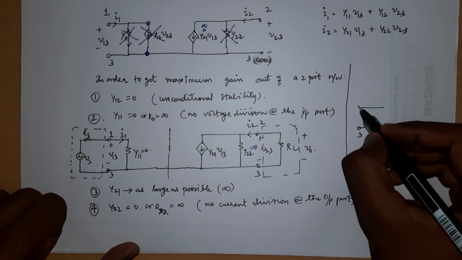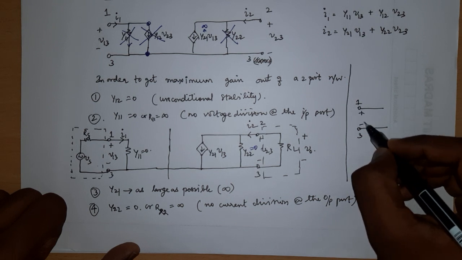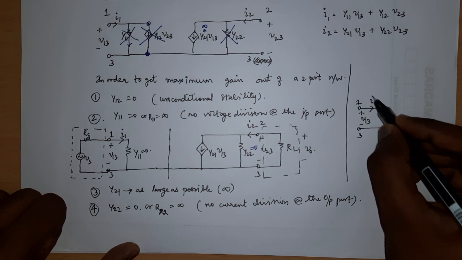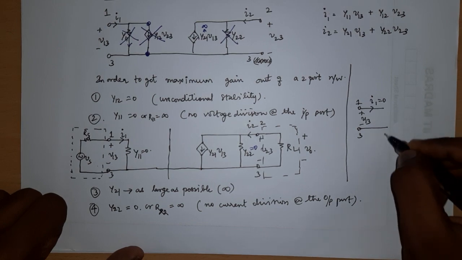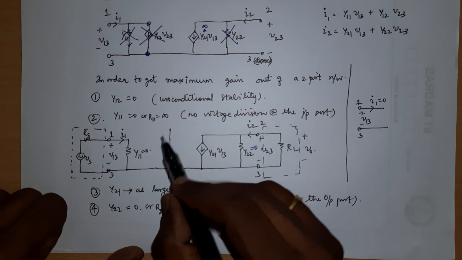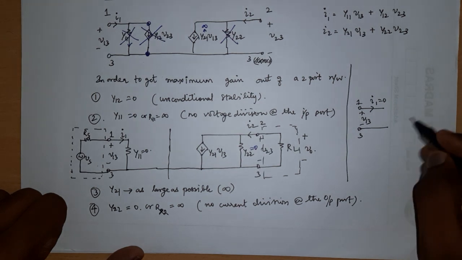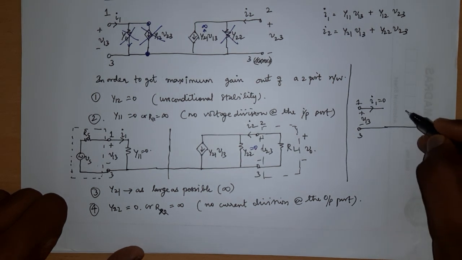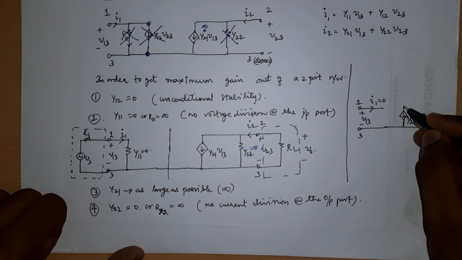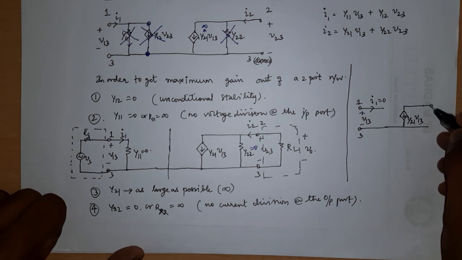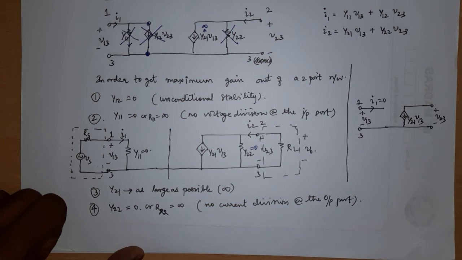This is 3, this is 1, and this is V13, and I1 is equal to 0, right? Because no current will flow through, because you said Y11 also 0, Y12 also 0, so nothing will be there on the input side. On the output side, you have Y21 V13, where Y21 is large and this is V23, and Y22 is 0.